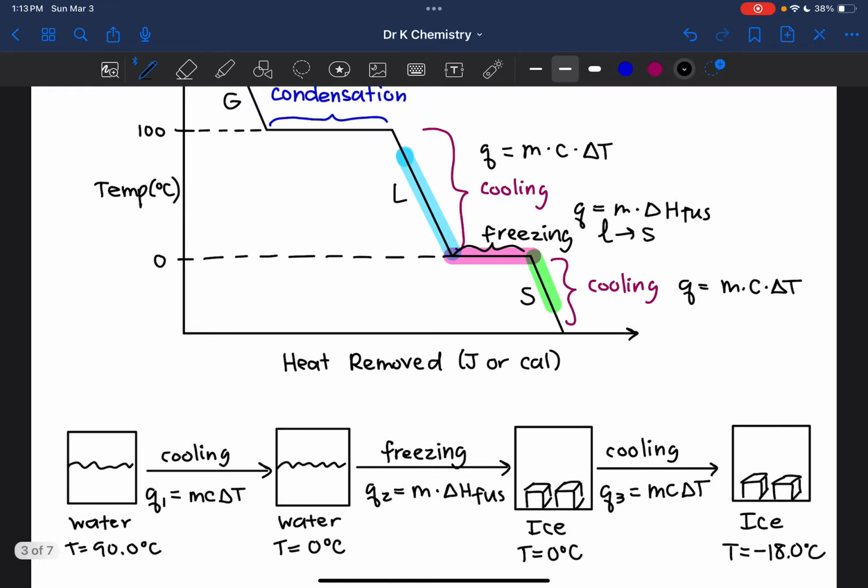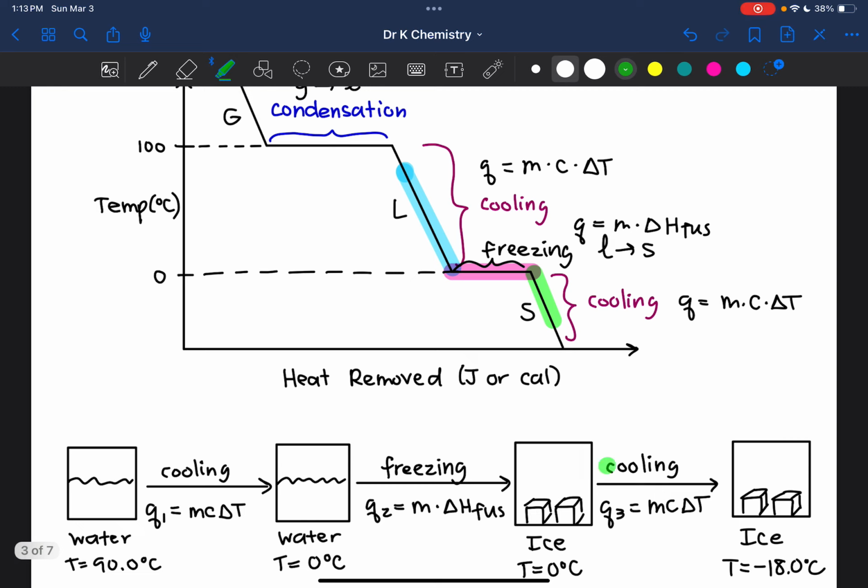Okay, we have all the steps now. Now we're going to take each of these individually and calculate the actual values. Now with the cooling curve, this is where things get a little bit different because here we're actually removing heat, which means that the heat that we are calculating will be negative.